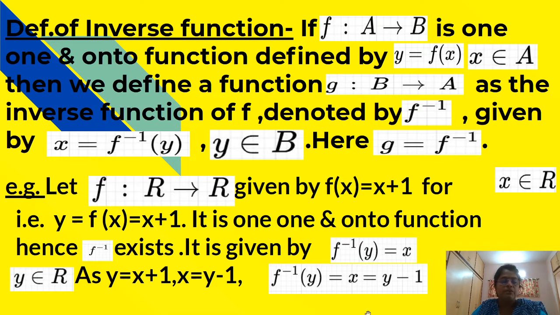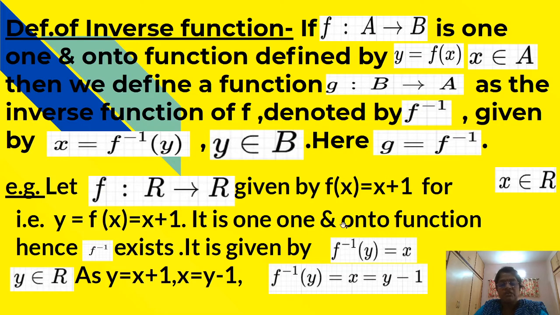See the example. Let f from R to R be given by f of x is equal to x plus 1 for x belongs to R. That is, y is equal to f of x, which is equal to x plus 1.